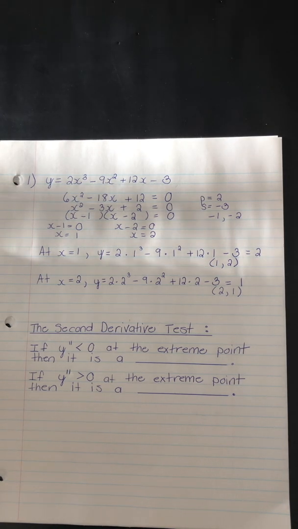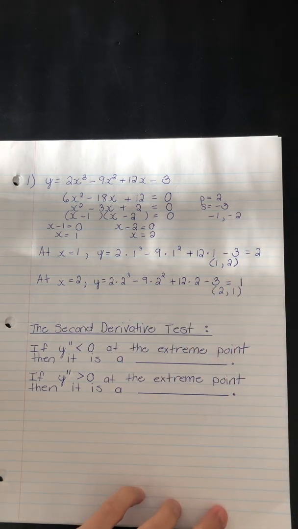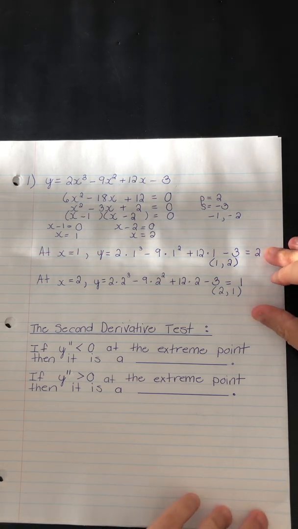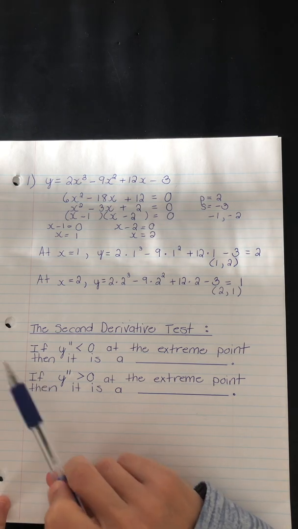But we have a way of verifying that, and it is called the second derivative test. Okay, so the second derivative test says, take a look at the value of the second derivative.